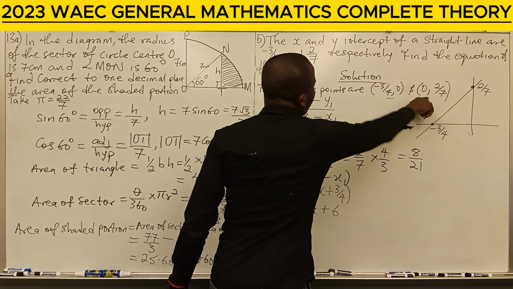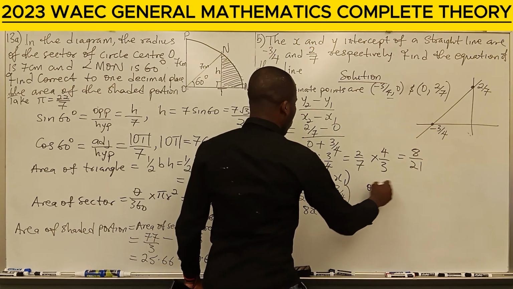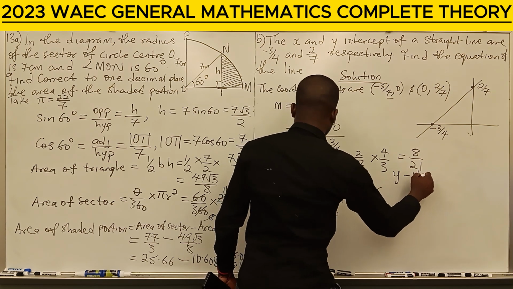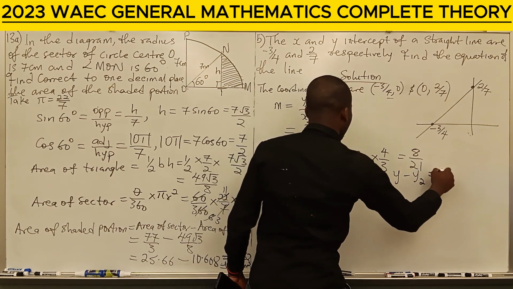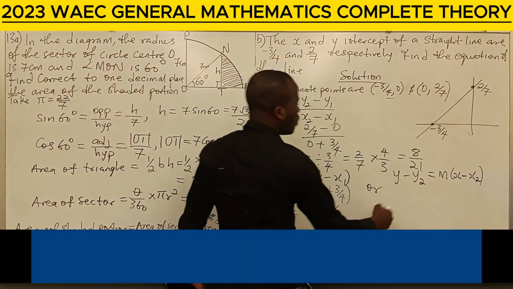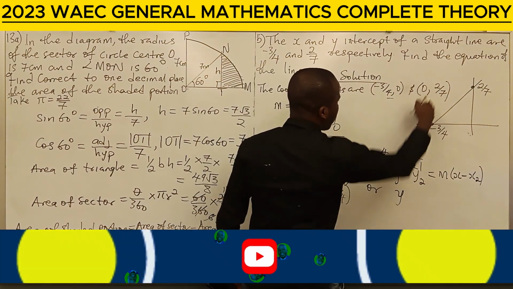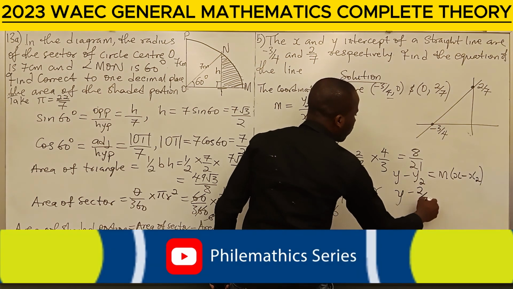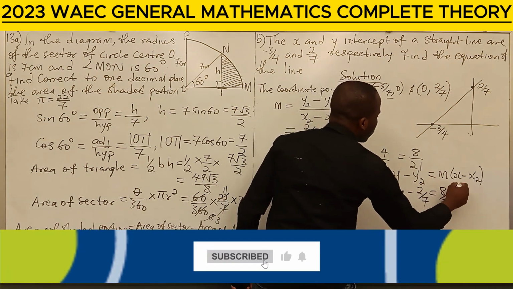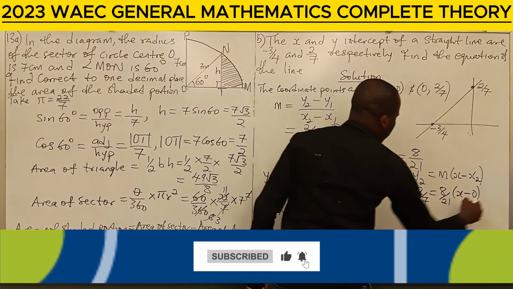If I use this point, or y minus y2 equals m times x minus x2. If I use this, we'll get the same answer. Y minus 2 over 7, m is 8 over 21, x minus 0.